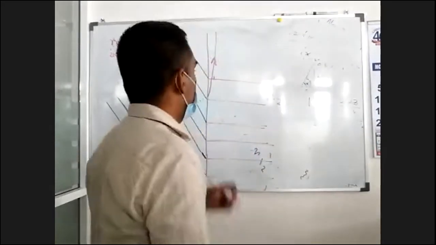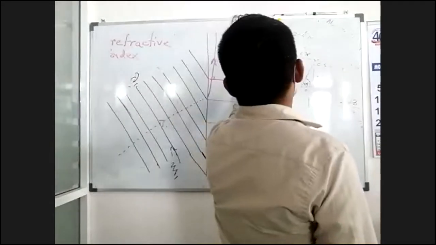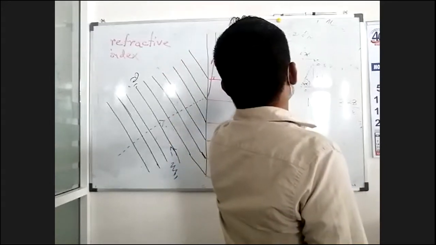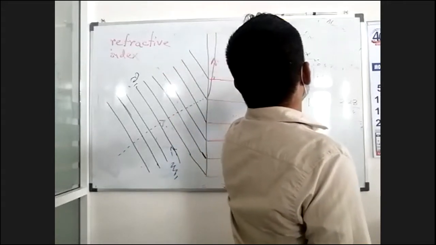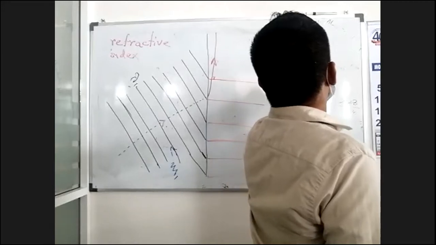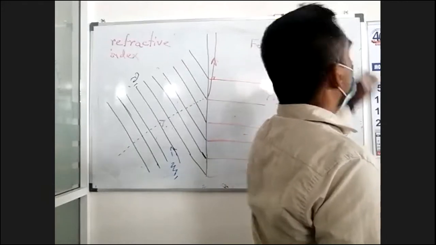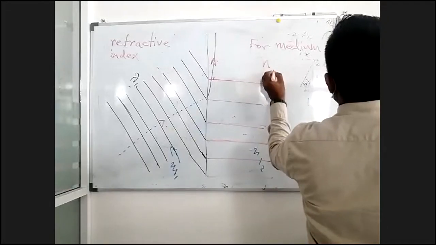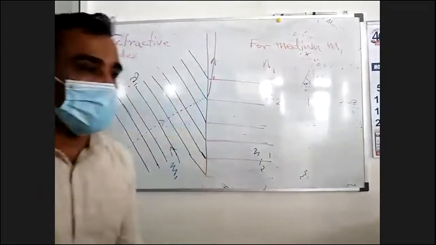Then for medium M1, let's say the refractive index is N1.